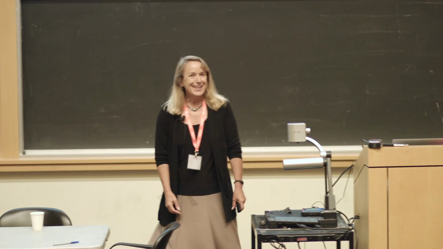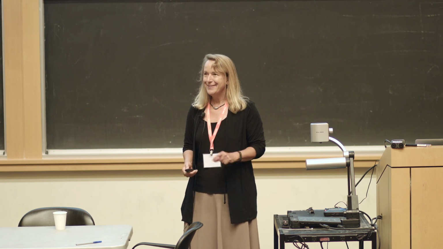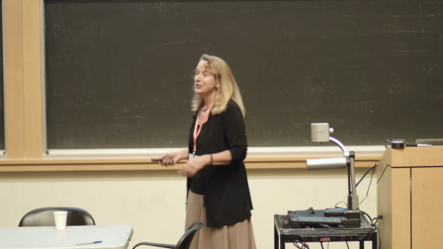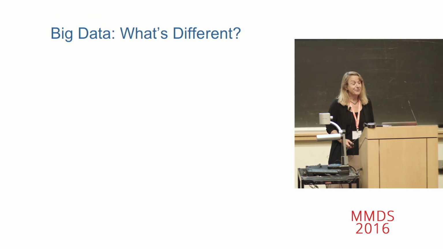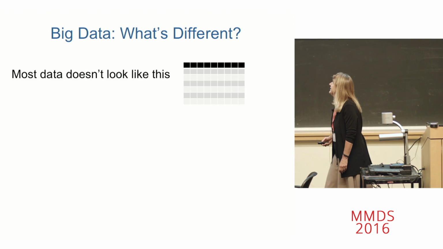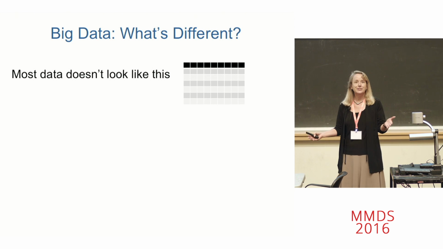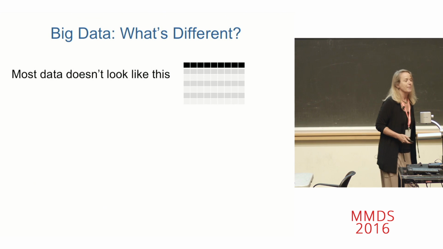And I think following up on Peter, I'm going to relate to some of the last questions about structure in the data. And I'm actually going to argue part of what's different about big data is that most of the data doesn't start off originally in this nice, clean matrix table form.